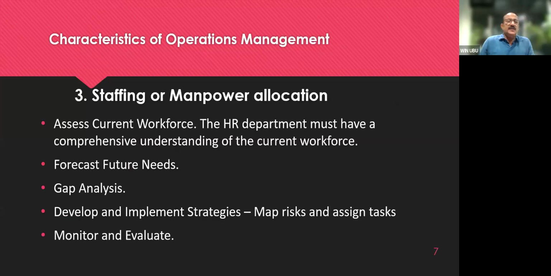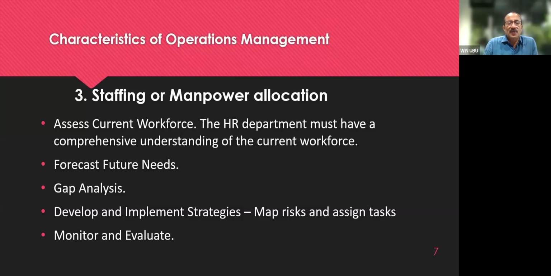The next characteristic in operations we would explain is staffing. In any industry, any organization, or any enterprise, staffing is key to the organization's growth.